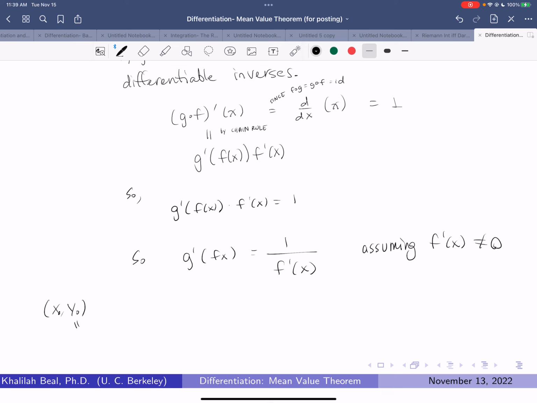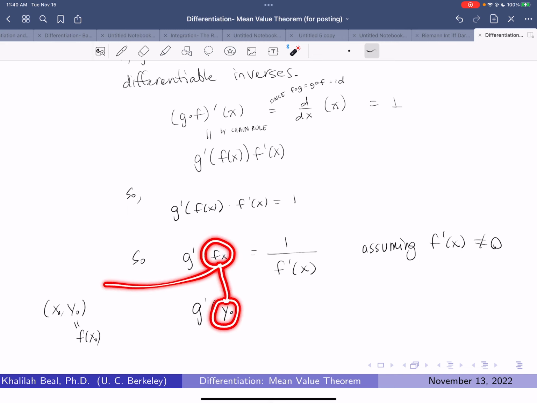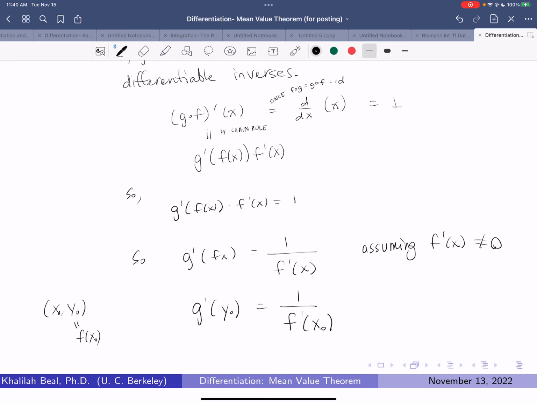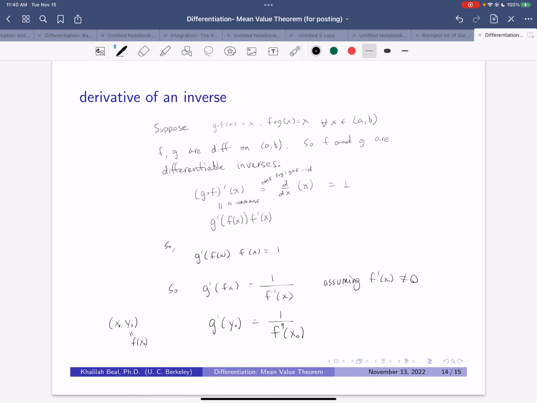Now the y naught would be f of x naught. Then we're saying g prime of y naught, because the y naught is the same as f of x naught, would be equal to 1 over f prime of x naught. So it's just a formulation of the relationship between the derivatives of inverses.